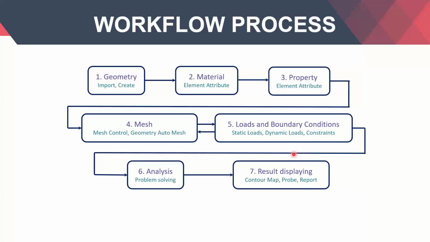Then second will be the material property definition. See, this is where a lot of people make mistakes. To be very honest with all of you, when I was very new, I have also made some mistakes with material properties calibration. So no matter what software you use, your material properties should be thoroughly calibrated.